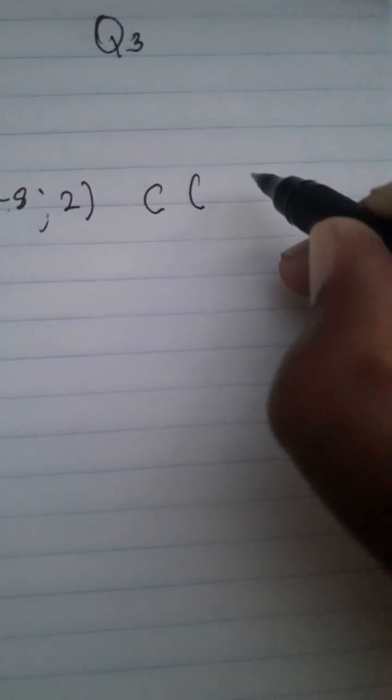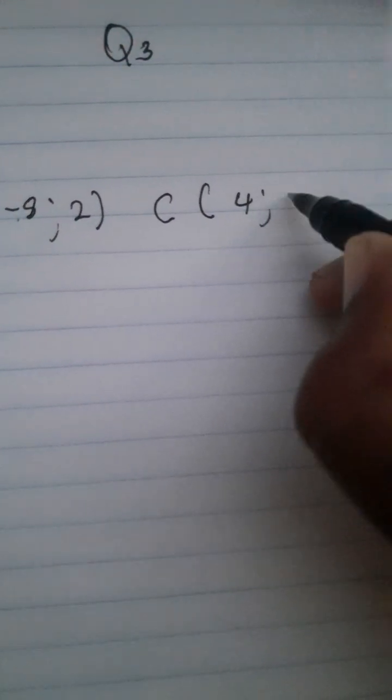So we will have to calculate the gradient here of BC. Let's put that into practice. For B, remember guys, you are given (-8, 2), and C is given as (4, 6).